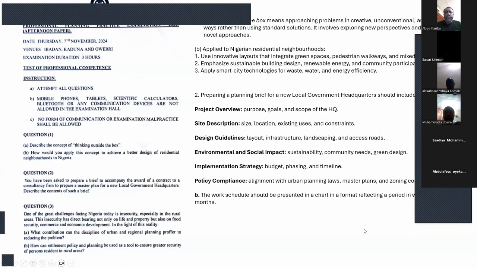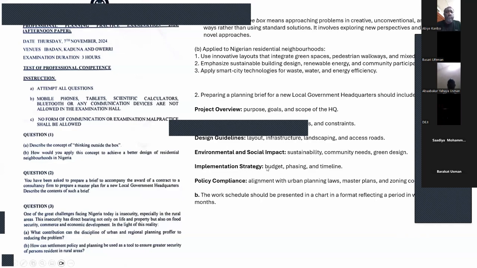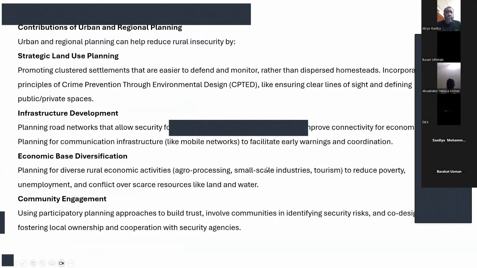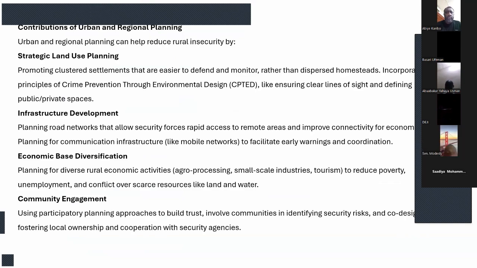Under normal circumstances, if you are asked to think outside the box, you are asked to think or maybe do something that is not normally done, like a new thing.